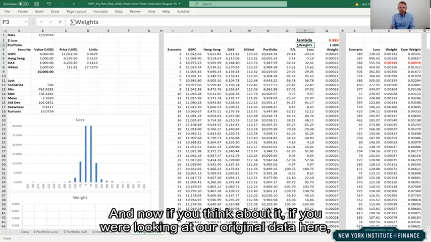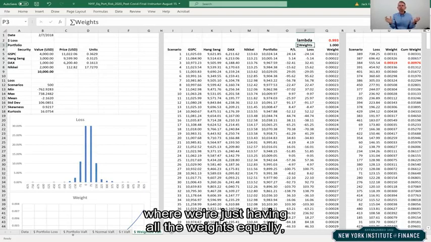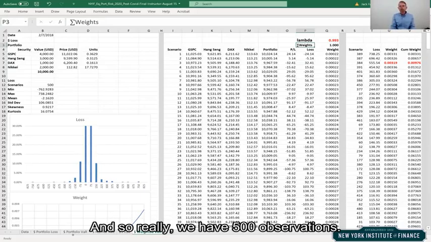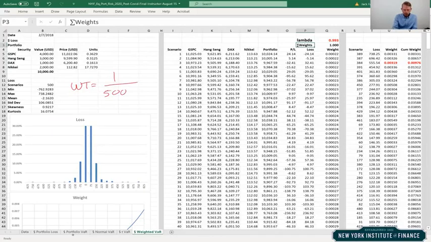And now if you think about it, if you were looking at our original data, where we were just having all the weights equal, what would the weight be equal to for an observation? Really, we have 500 observations. So our weight would be equal to 1 divided by 500.